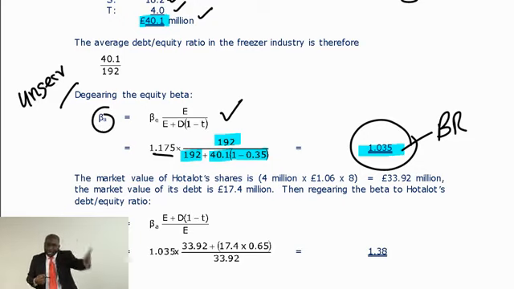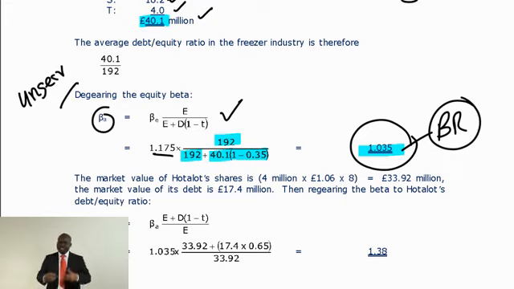So we pick the proxy company in order to get the business risk because we face similar business risk. The moment we get the business risk, we do not have to do anything with that company again. We come to our company. Have we got debt? If we have got debt, then there should be financial risk.